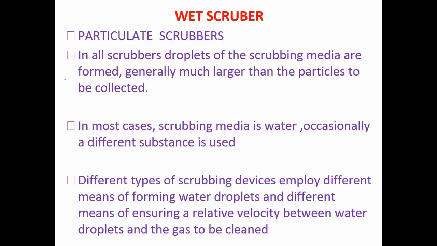Then the wet scrubber. There are different types of scrubbers. One is the particulate scrubber. All the scrubber droplets and scrubbing media are generally much larger than the particles to be collected.